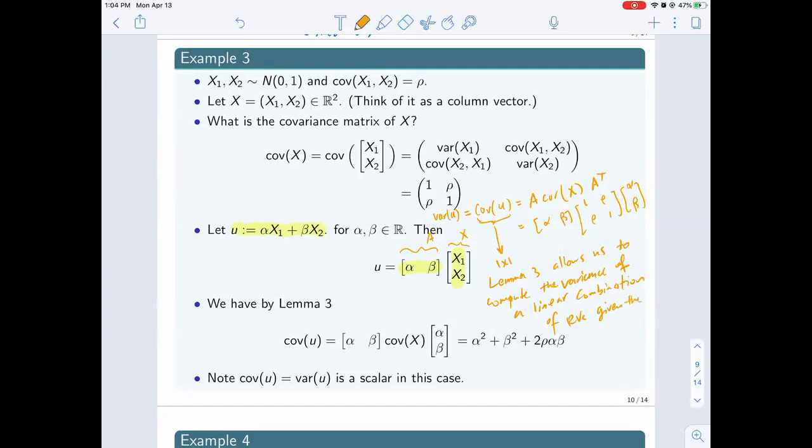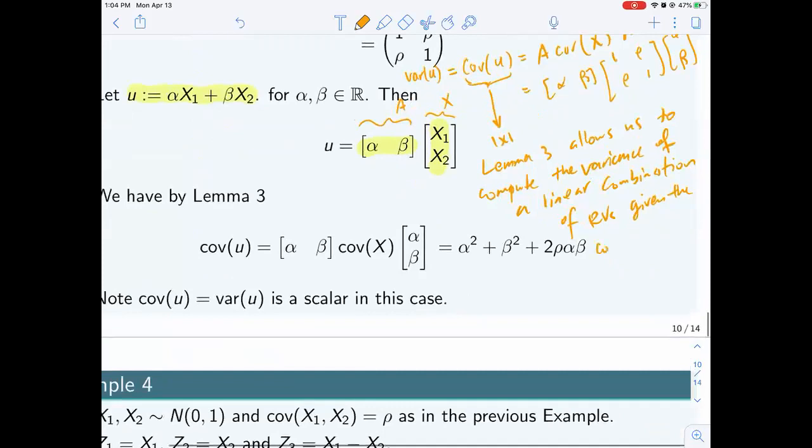Given the covariance matrix of the underlying vector. Just covariance matrix, we understand what this means.